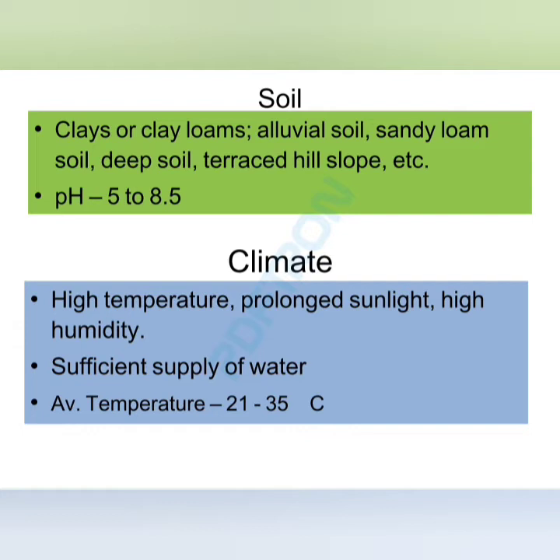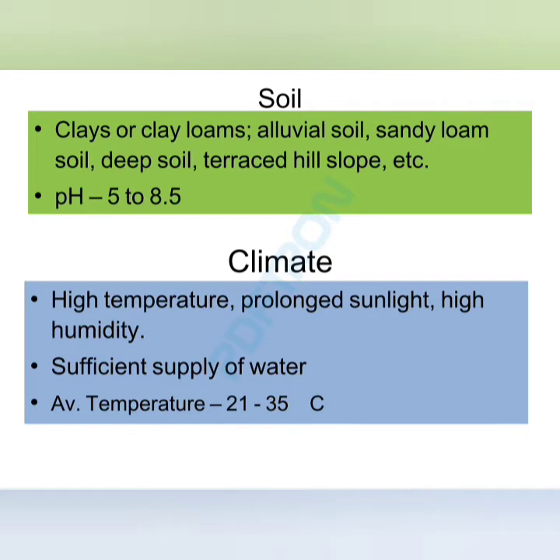And coming to the soil, the rice crop grows best on soils such as clays or clay loams, alluvial soil, sandy loam, deep soil, terrace, hill slope, etc. And the pH of the soil usually varies between 5, which is slightly acidic, to 8.5, which is alkaline.